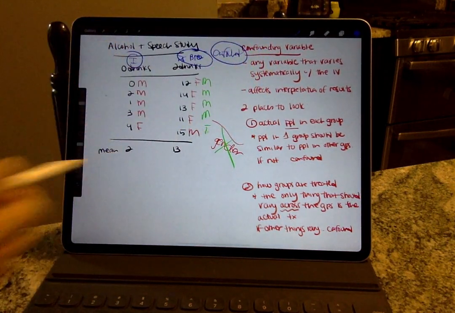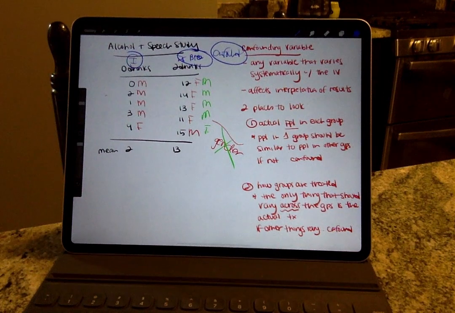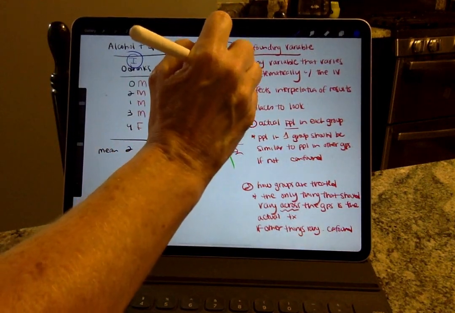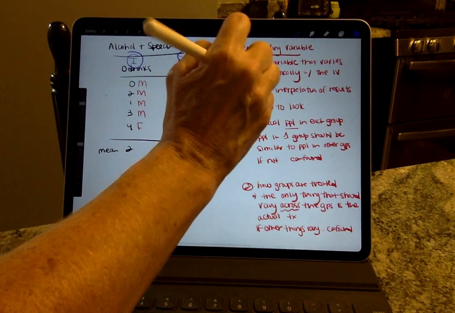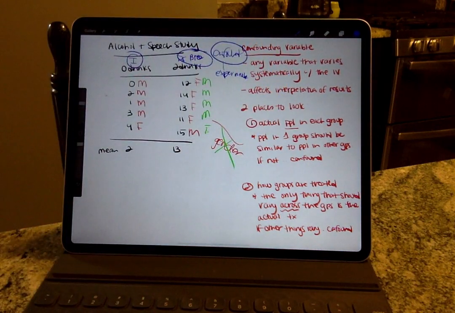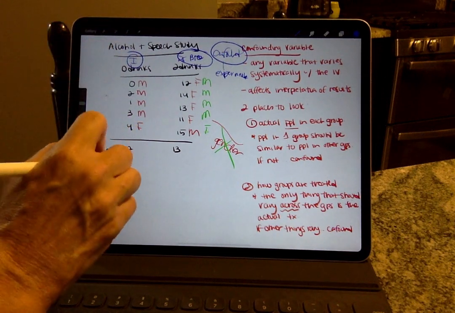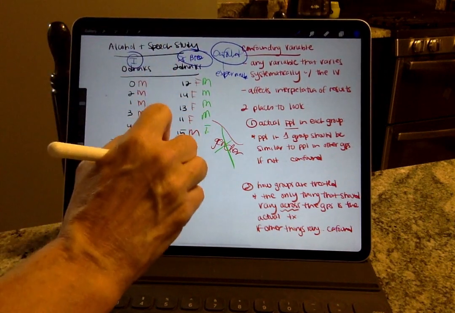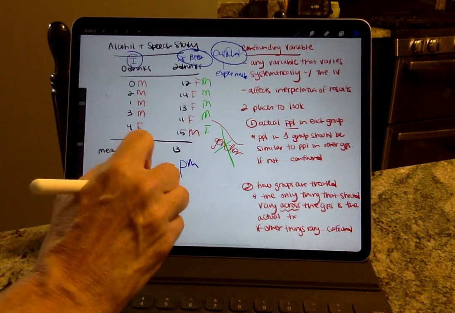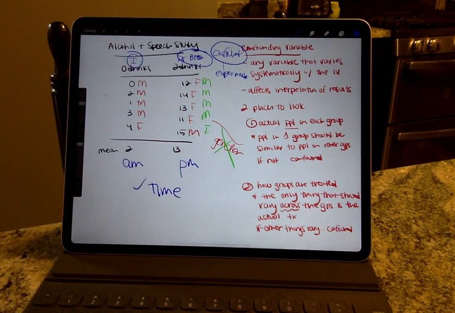If I'm the one that gives the 0 drinks and Dr. Breen is the one that gives the 2 drinks, we have varied experimenter. And that's a confound. If I do the 0 drinks group in the morning and the 2 drinks group in the afternoon, time is a confound.